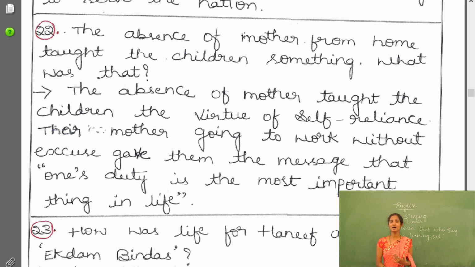So the absence of mother taught the virtue of self-reliance, that we should be dependent on ourselves and do our work ourselves. And that taught those children that one's duty is the most important thing in life. This is the message given by his mother to Hanif and his brothers.